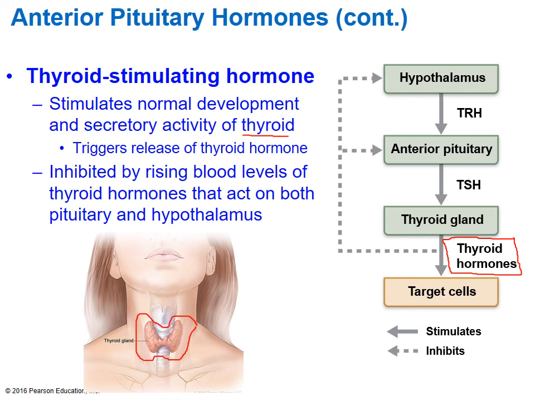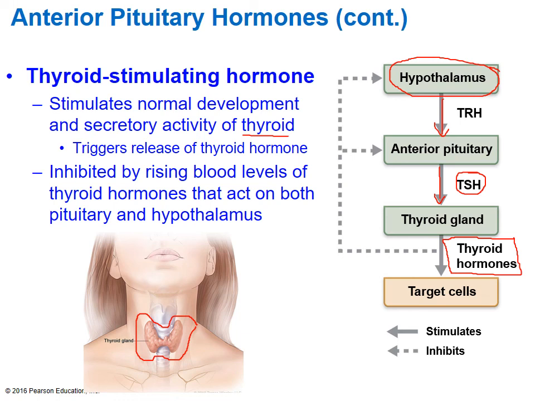And if you look at your illustration right here, remember that it's the hypothalamus that's in control of when the anterior pituitary gland will secrete the thyroid stimulating hormone, and that hormone will travel to the thyroid to release the thyroid hormone.